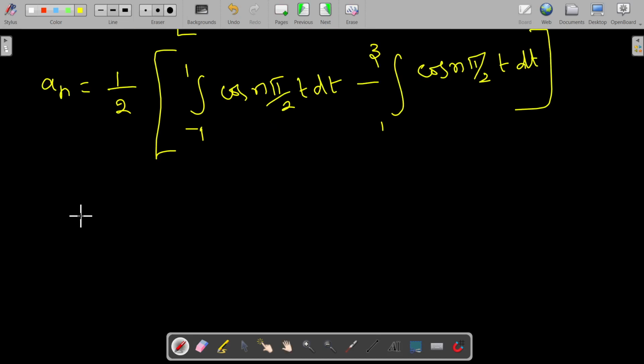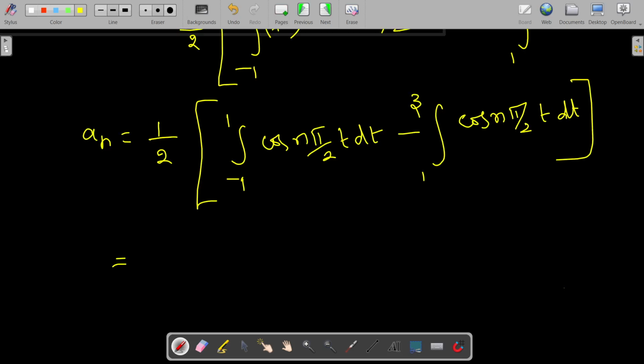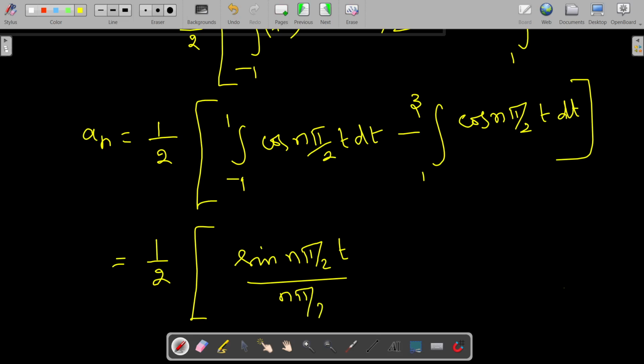So now you can perform this integration. It is 1 by 2. When you perform integration, it comes as sine n pi by 2 t divided by n pi by 2 with the limits -1 to 1, then minus.